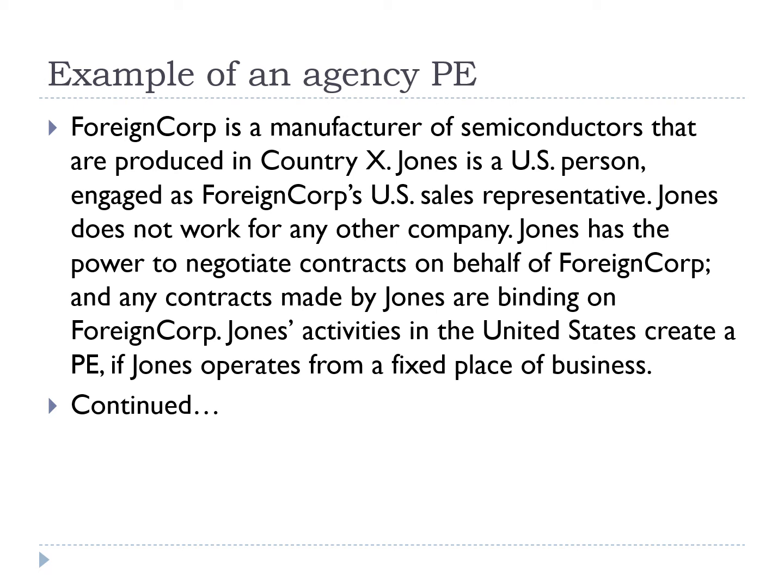Jones has the power to negotiate contracts on behalf of Foreign Corp, and any contracts made by Jones are binding on Foreign Corp. Jones' activities in the United States create a PE, a permanent establishment. No fixed place of business is required for Jones' activity to create a PE. This example is continued on the next slide.